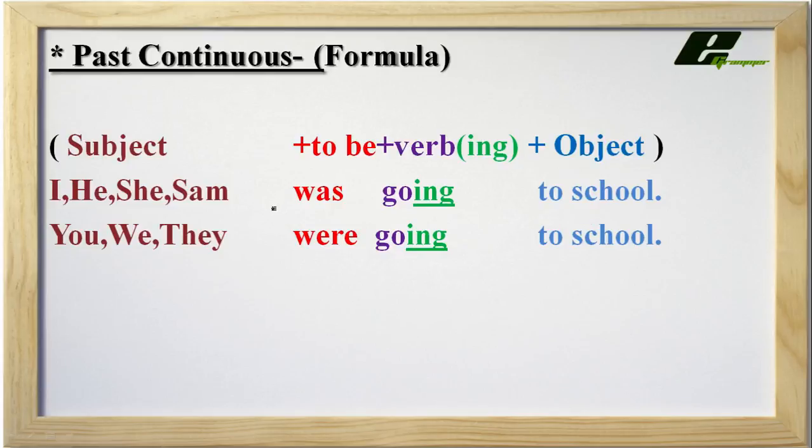But if the subject is not of this type, like you, we, they, at that time we use was exactly after that subject, and go is the base form of the verb. We add ing to that base form and the object remains as it is. So it would sound like this: Sam was going to school. They were going to school means they were doing that action in the past.